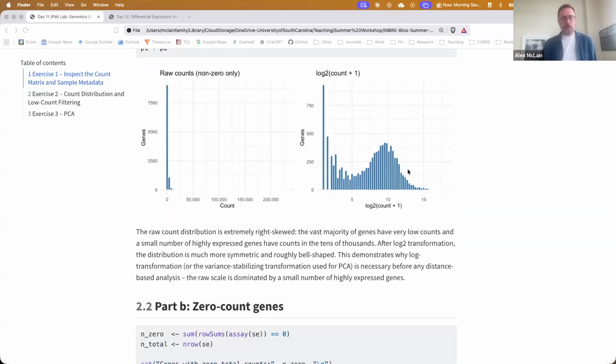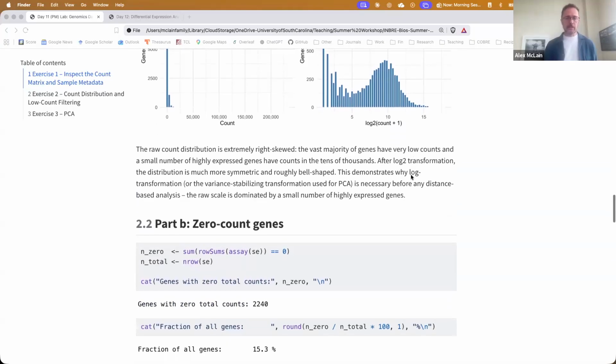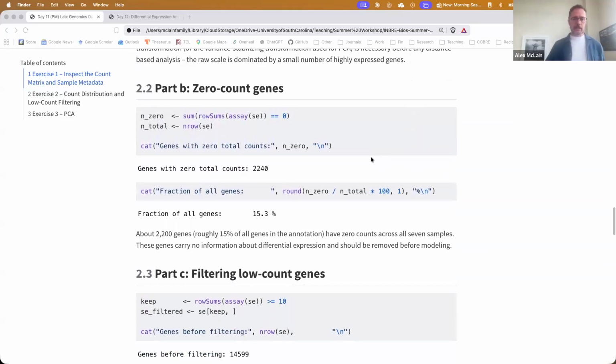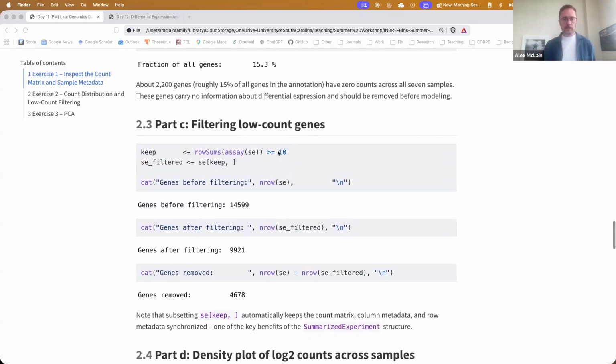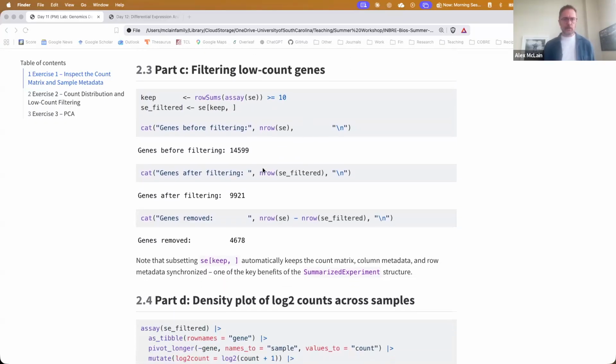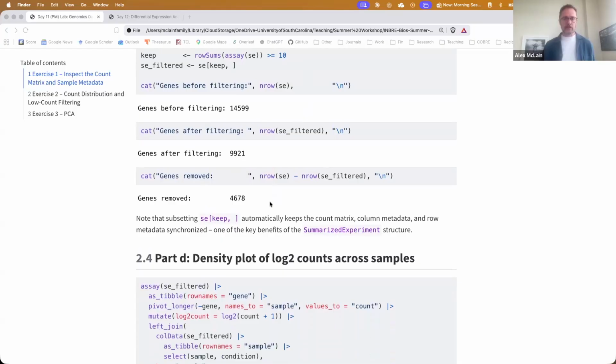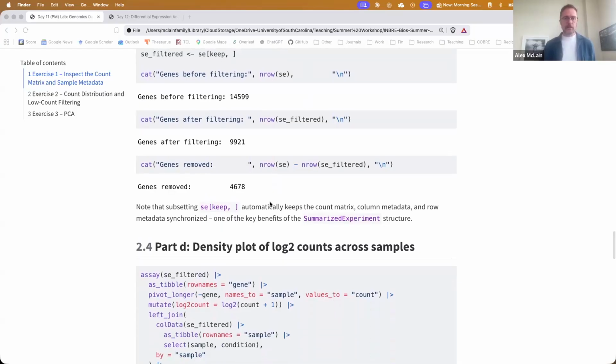I see those looked very similar to what we had in the airway database. 2,200 genes with 0 total counts, which is 15.3%. If we filtered low count genes, defining as those with a count less than 10, we would keep around 10,000, drop around 4,500 of the genes that we started with.